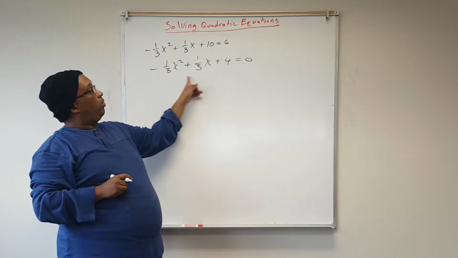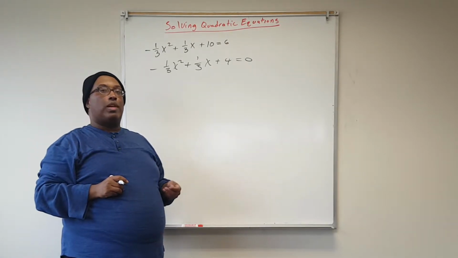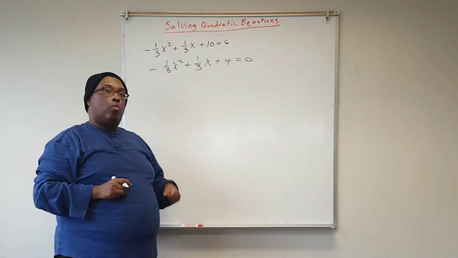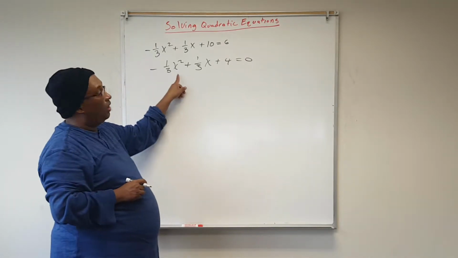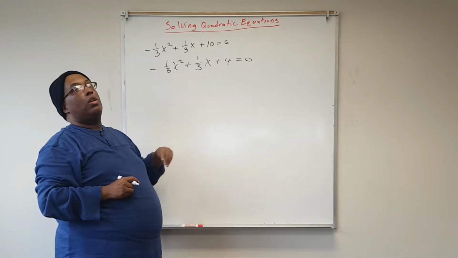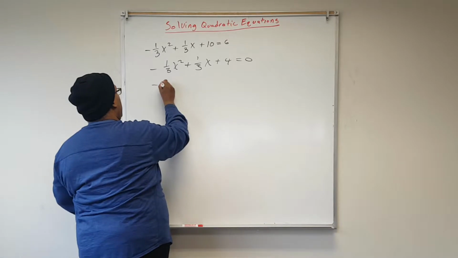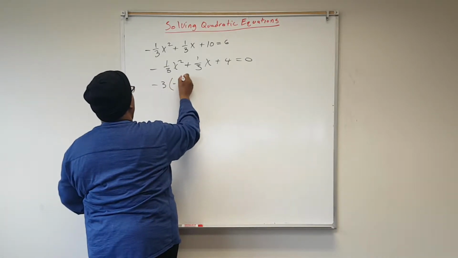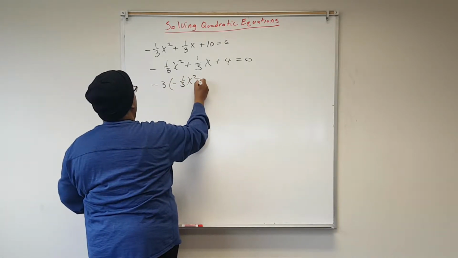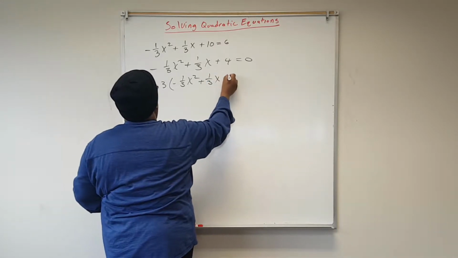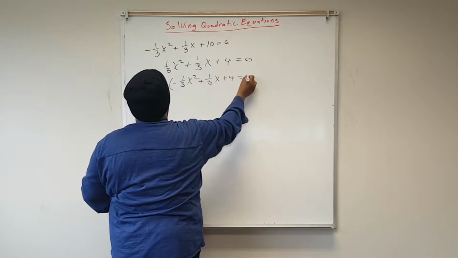Now, because we have these fractions, we want to multiply by the LCD. The LCD would be 3, but we also don't want the leading coefficient to be negative, so I'm going to multiply by negative 3. Negative 3 times negative 1/3 x squared plus 1/3 x plus 4 equals 0.